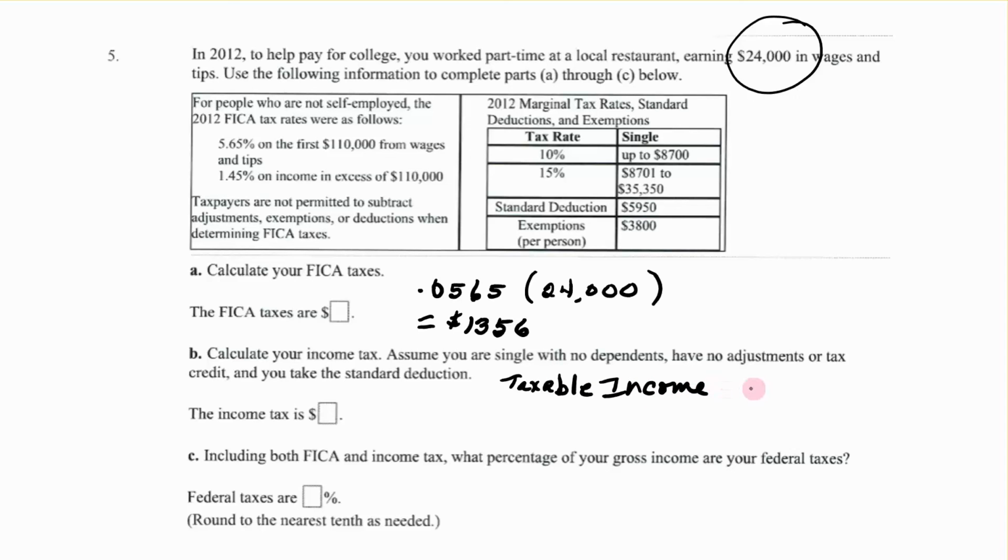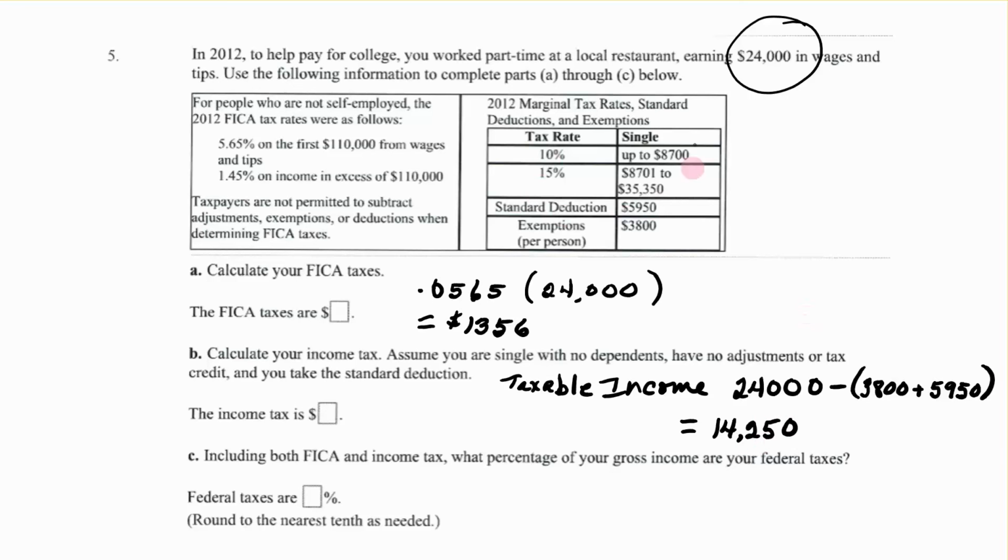Well, she had 24,000, and she's going to subtract her standard deduction, because she didn't have anything to itemize, and personal exemption. So we're going to take 3,800 and 5,950, and her taxable income is 14,250. Now, that's her taxable income.